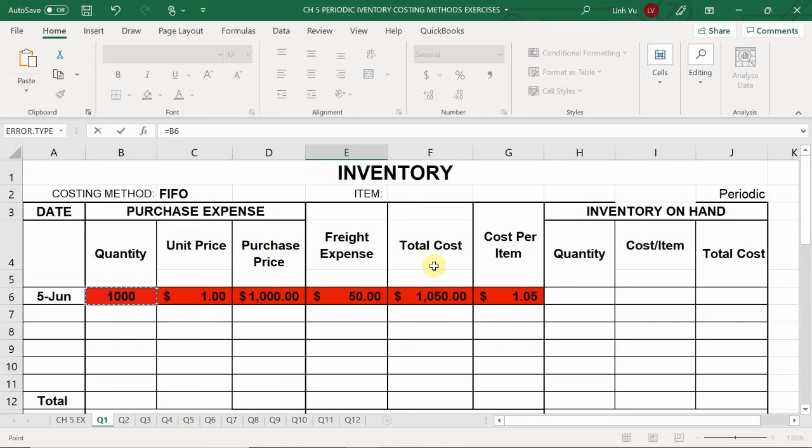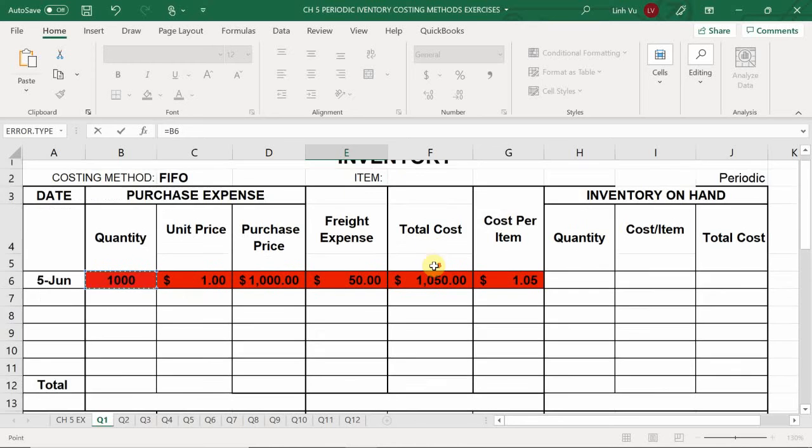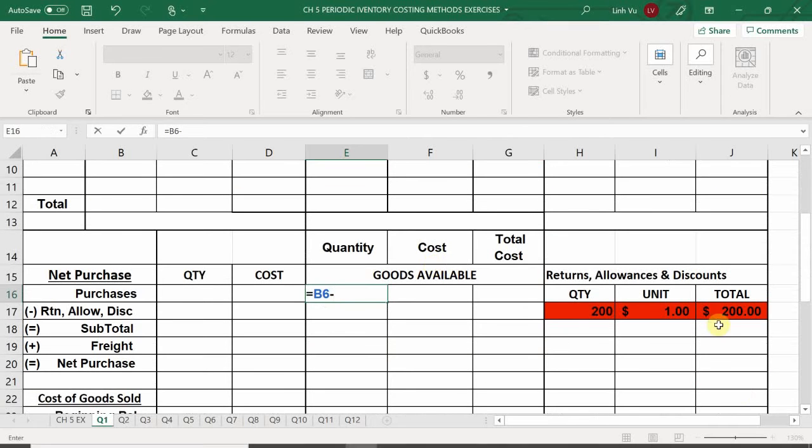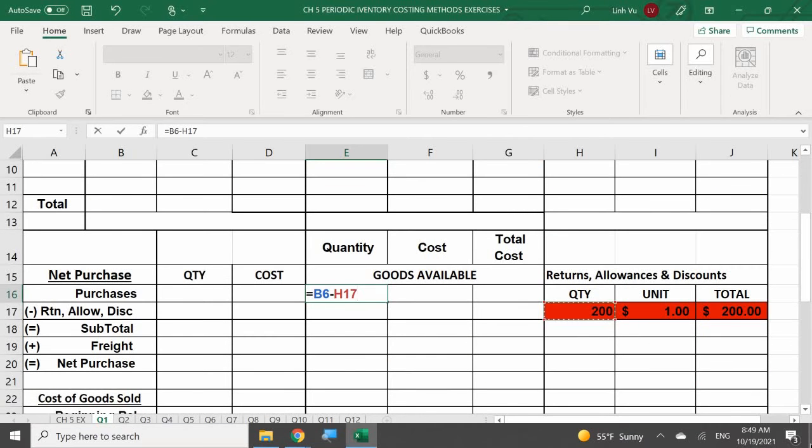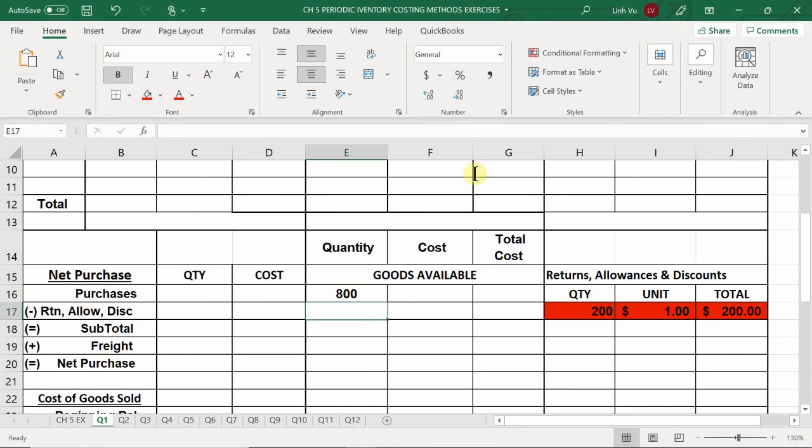If I have 1,000 units but I end up returning 200 of them, I should have a total of 800 units left. And that will be my goods available because in reality, my first batch, I only have 800. Because we're using FIFO, I have to be very careful about which batches of inventory I have. So I have 800 units left.